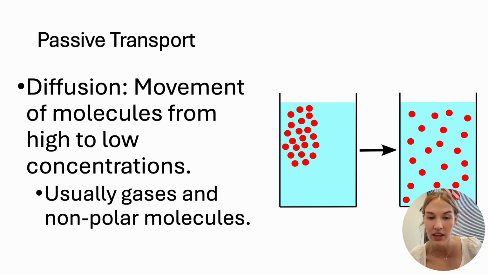And for the cell membrane, that's going to be gases and nonpolar molecules. Now, let's think about why most gases are going to be in this scenario. Well, they're also nonpolar. So think about something like oxygen. Well, the chemical formula for oxygen is O2. It's an oxygen double bonded to another oxygen, two oxygens.